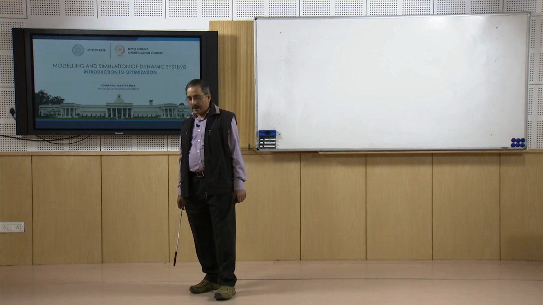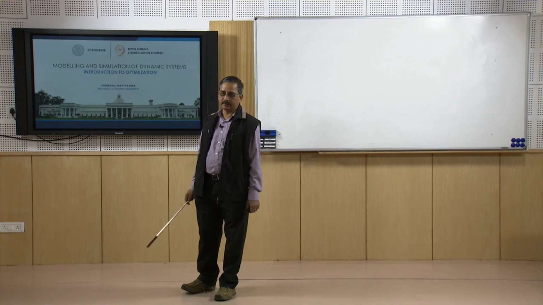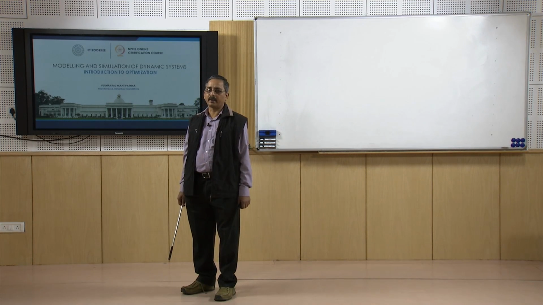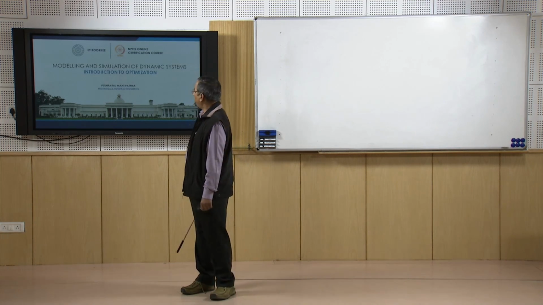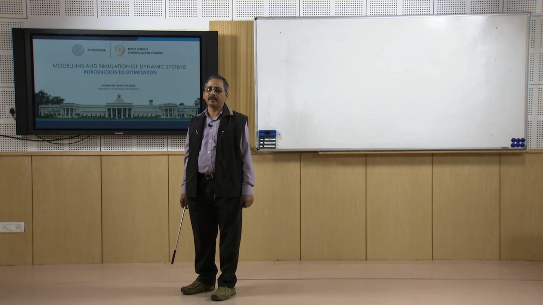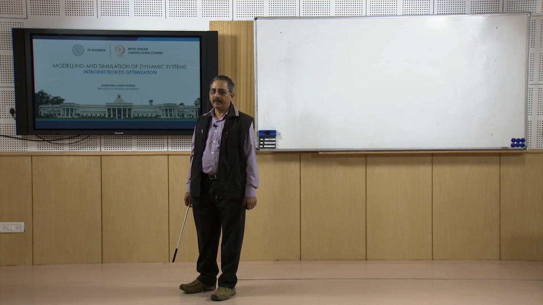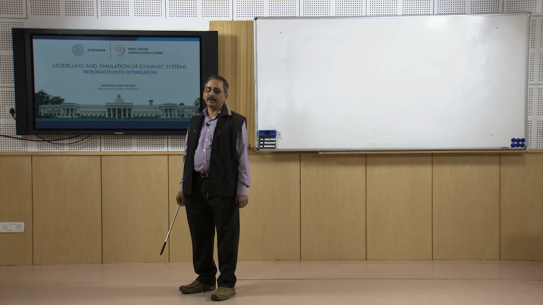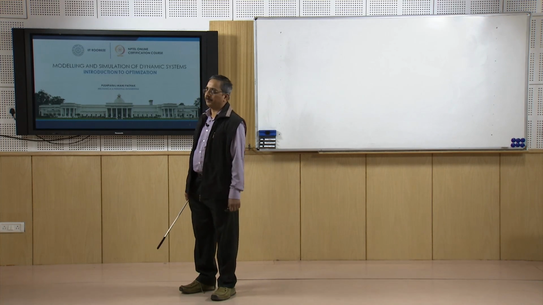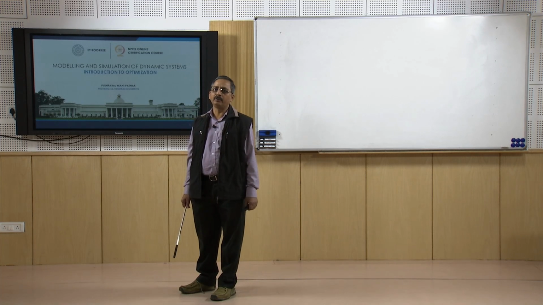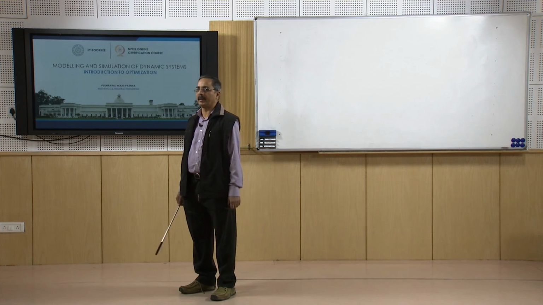In the last lecture, which was on system identification, we have seen that while identifying the dynamics of the system, many times we require identifying various parameters, and one of the ways of finding out those parameters could be optimization.